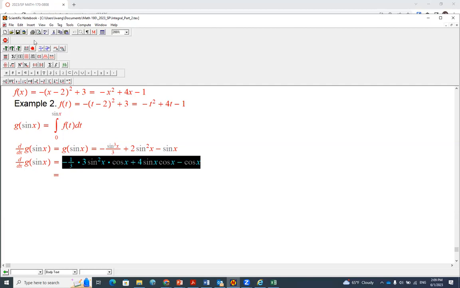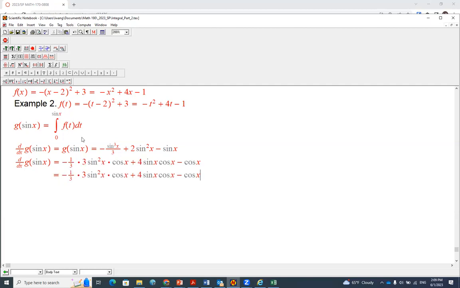So now we're going to simplify. We're going to factor out the cosine X. Multiply cosine X. So the derivative of G of sine X is going to be this piece, which we differentiated G. What is this?